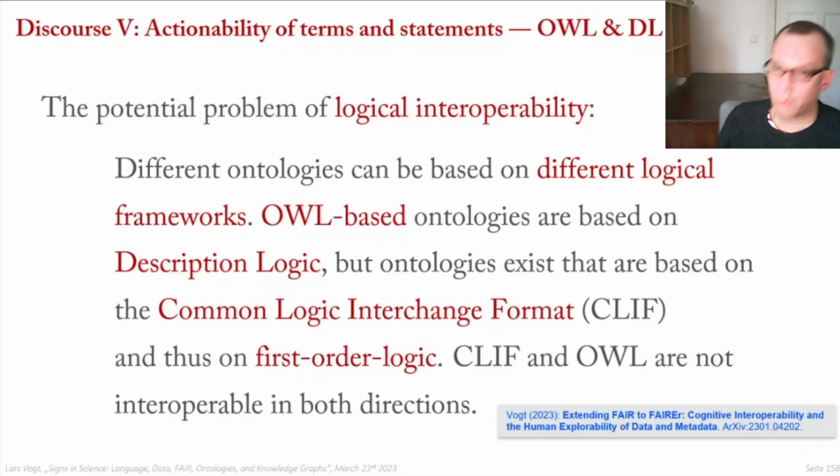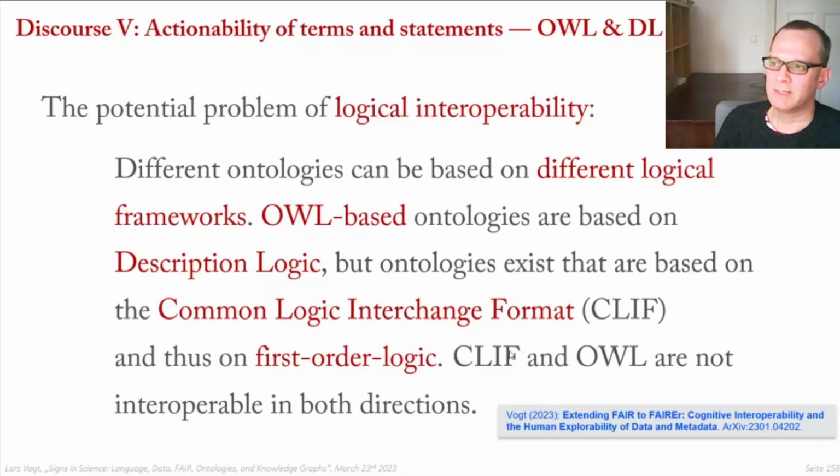But again, we have problems here. One is what I call logical interoperability. Different ontologies can be based on different logical frameworks. We have talked about OWL-based ontologies, which are based on description logics, but there are other ontologies out there that use the Common Logic Interchange Format, which is based on first-order logic.